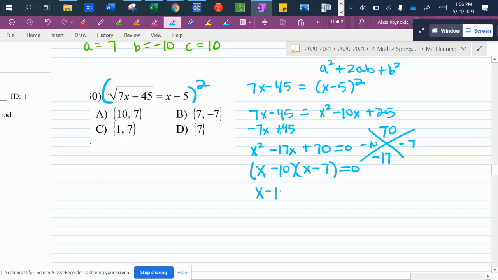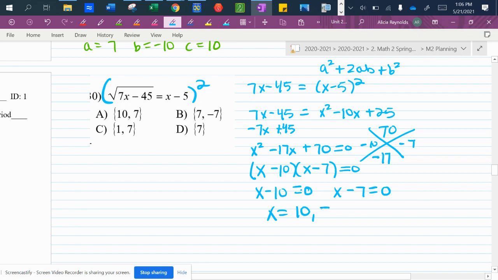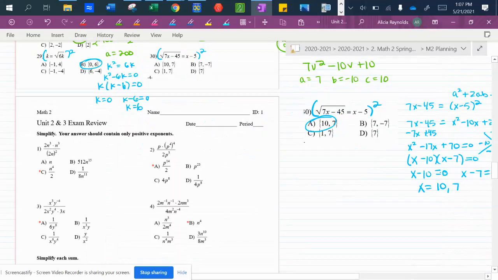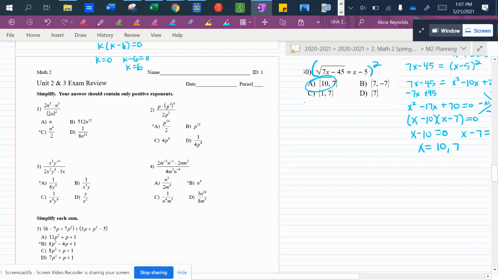Using zero product property, x minus 10 equals 0, x minus 7 equals 0. So x is going to equal positive 10 and positive 7. Our answer is A.